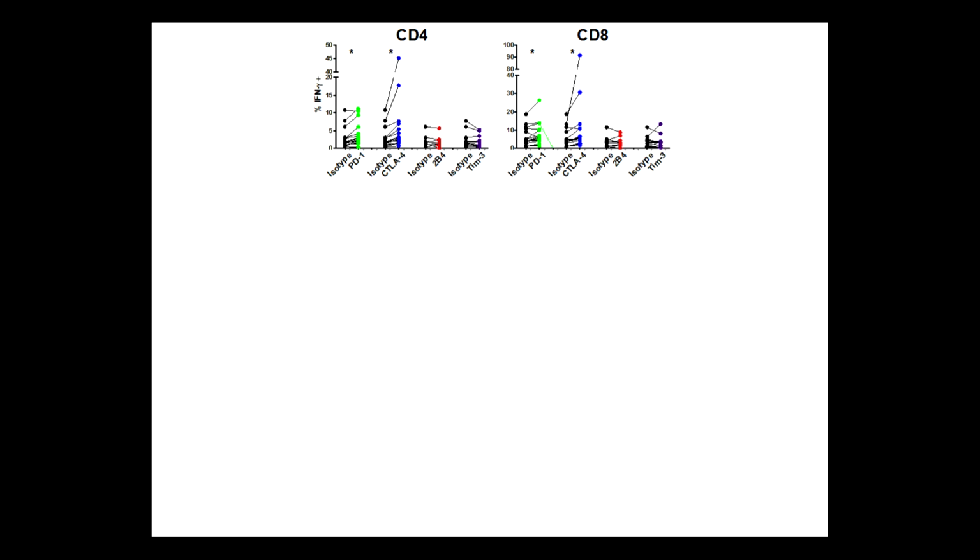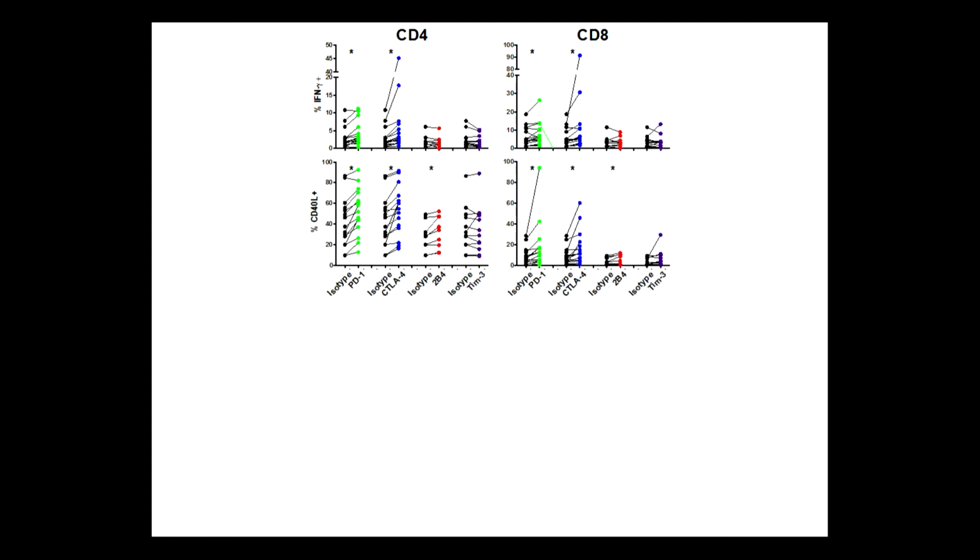We found a significant increase in the interferon gamma responses for blockade with PD1 and CTLA4. Same for CD40 ligand, but there 2B4 also had an impact on both CD8 and CD4.